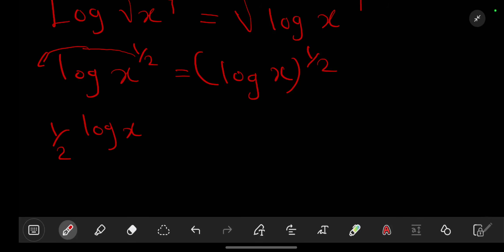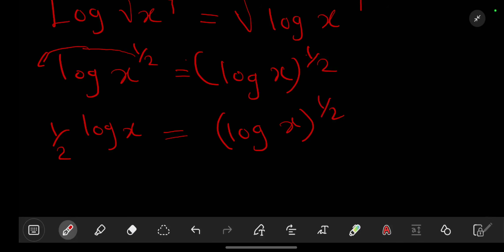Now, be careful. This does not mean that the half will go here, unless it's connected to the exponent. So we are going to say this is equal to the log of x, then power half.